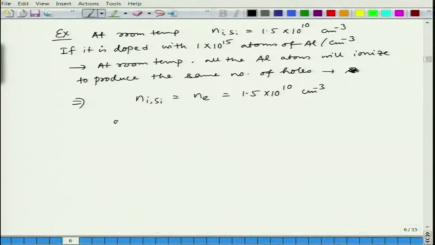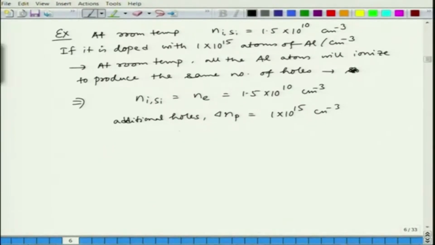Now, additional holes that we have in the valence band, N_P delta, that is 1 into 10 to the power 15 per centimeter cube, right, because each aluminum atom will introduce one hole in the valence band.